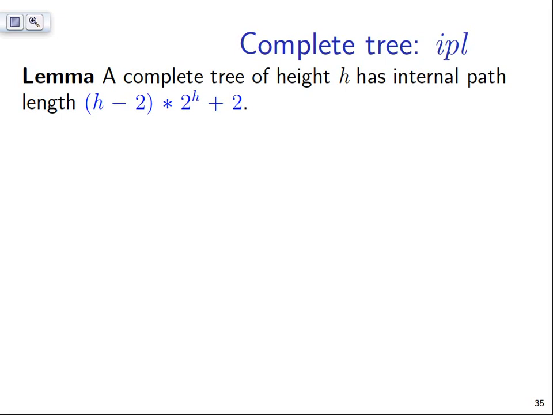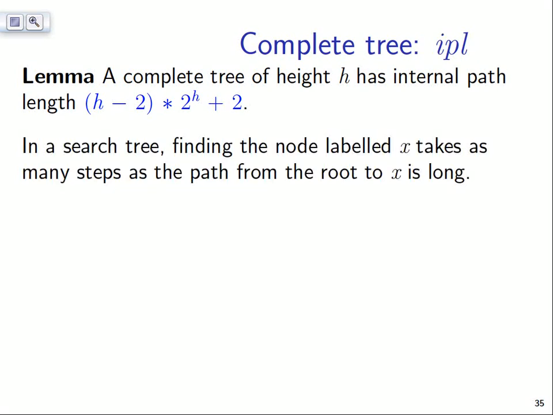And for whatever it's worth, you can also work out, I got this from Knuth's book, the internal path length of a complete tree of height h, namely h minus 2 times 2 to the h plus 2. Let's not worry about the proof, but now we come to this application: the internal path length has something to do with the average time it takes to search a tree.